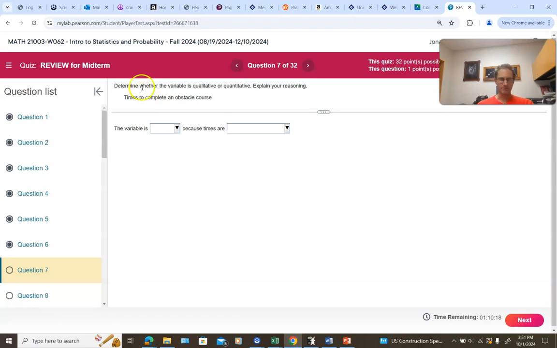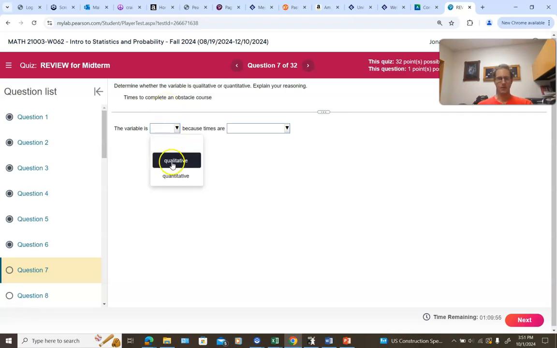Number 7, determine whether the variable is qualitative or quantitative, and explain your reasoning. So, times to complete an obstacle course. Well, you guys remember, most of the time, not always, things that are numerical tend to be quantitative.